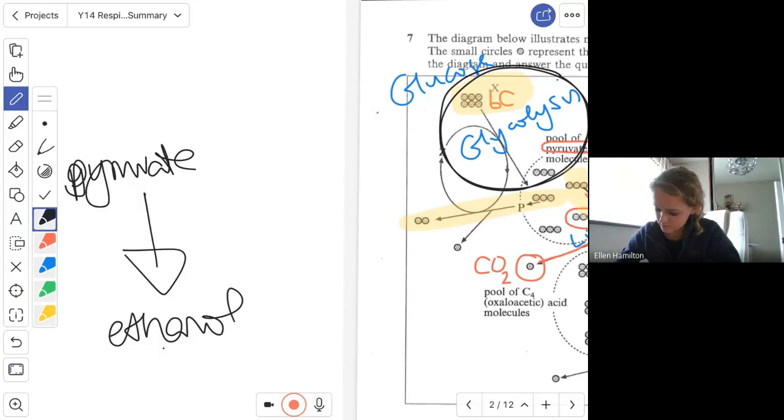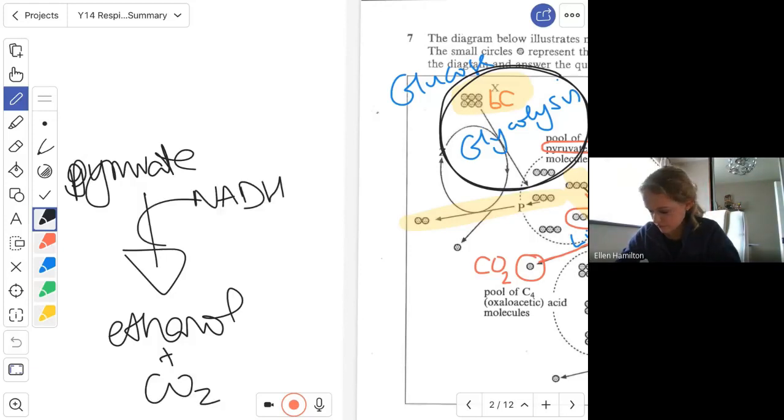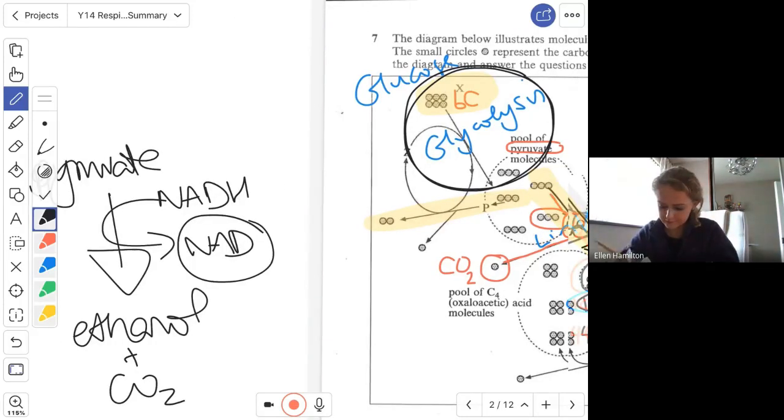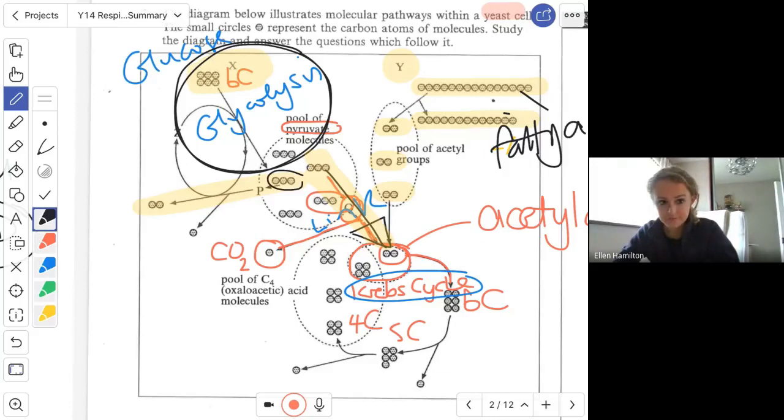The NADH basically reduced the pyruvate to make ethanol. And the NAD was regenerated. So if we apply that knowledge, there's the pyruvate. It loses an oxygen, so that's another molecule of carbon dioxide there. So what must this be? This must be ethanol.